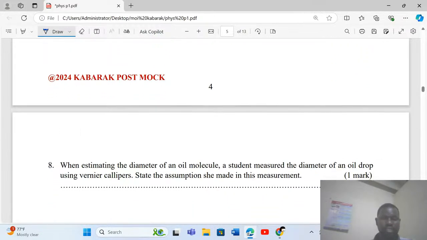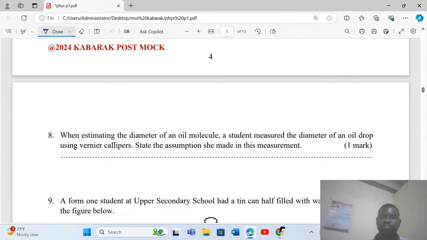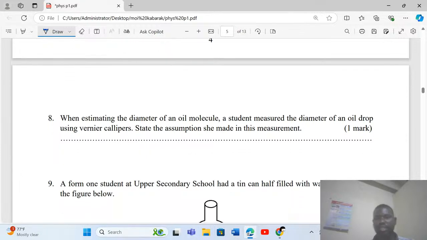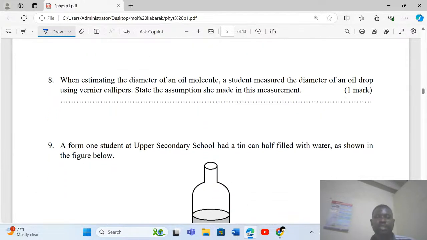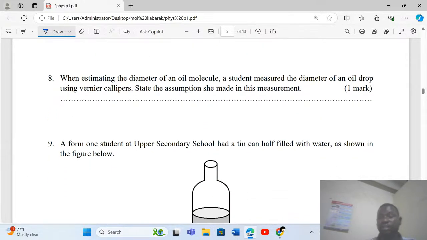When estimating the diameter of an oil molecule, a student measured the diameter of an oil drop using Vernier calipers. State one assumption of this. Remember now we are talking of the oil drop.